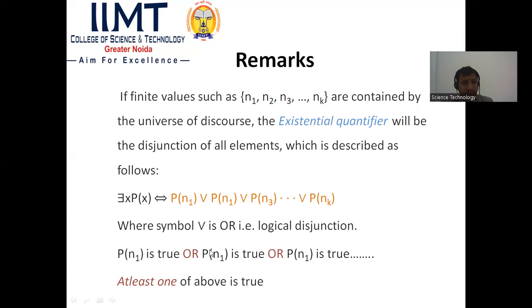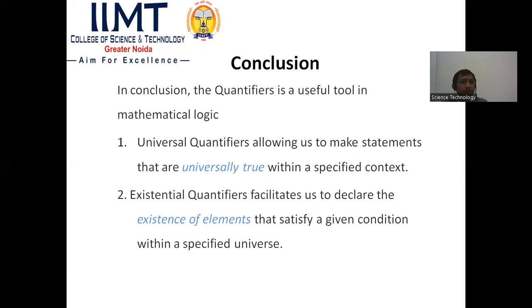I have explained in detail: P(n1) is true or P(n2) is true or P(n3) is true, but not true for each and every element of the set of discourse.